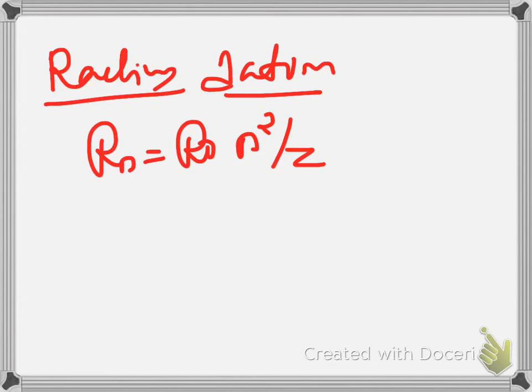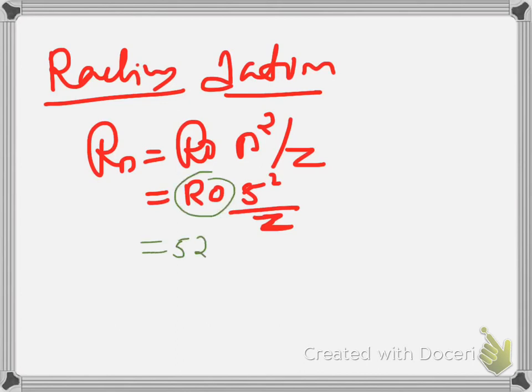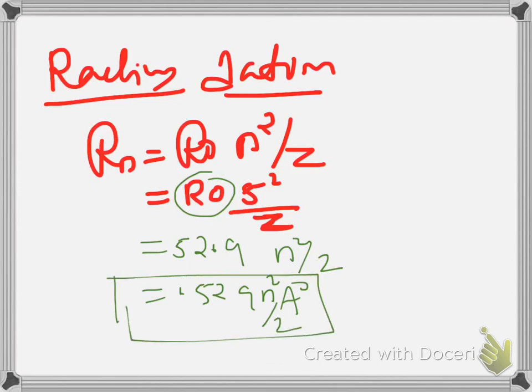If you have to find the radius of fifth shell in hydrogen atom, then you have to write R0 into 5 square by z. Not 2, it is z. Z is atomic number. This R0 is called Bohr radius, having the value 52.9 picometer, otherwise 0.529 angstrom. There also you have n square by z. This is the equation for calculating radius of the atom.